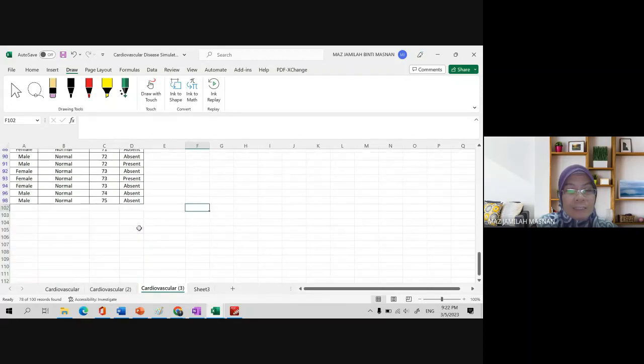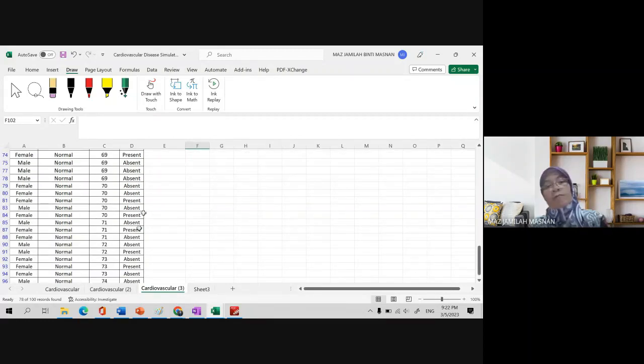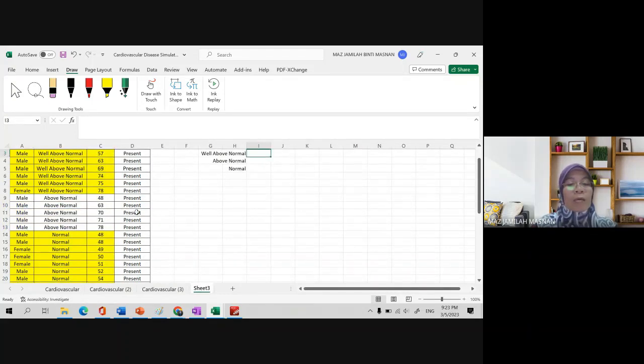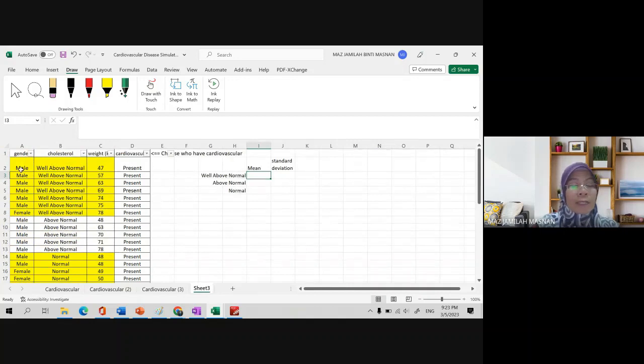Of course, in my case, for the absent cardiovascular, I don't want to investigate them. I only want to investigate those who got the cardiovascular problem. So let's say I bring you to the fourth sheet where I have already filtered and arranged according to the group.